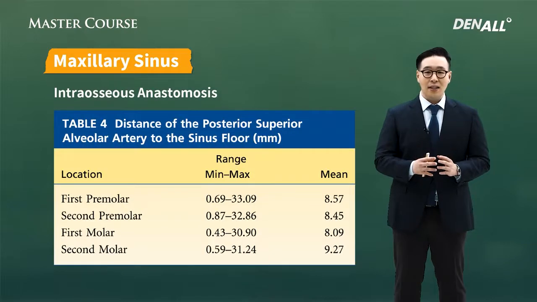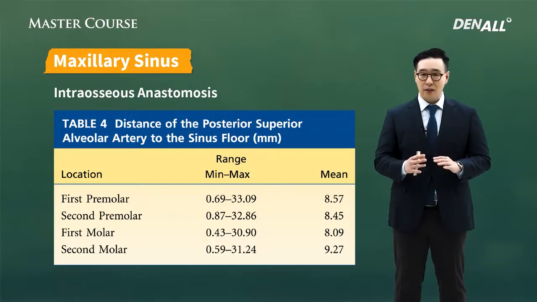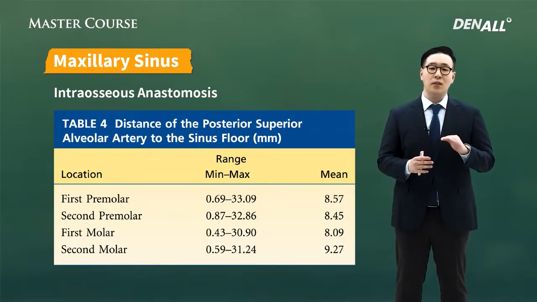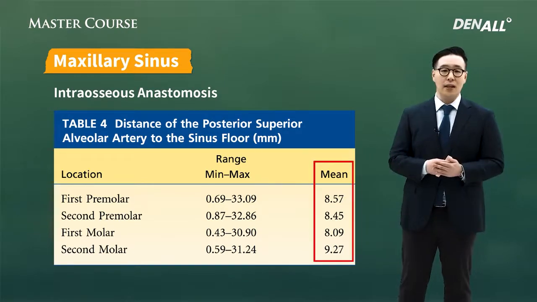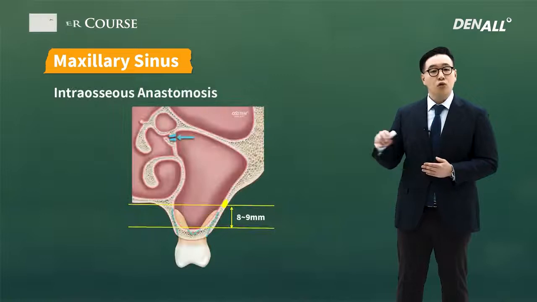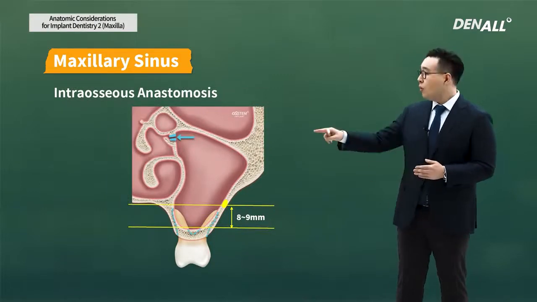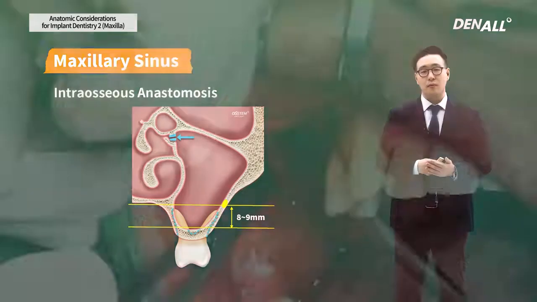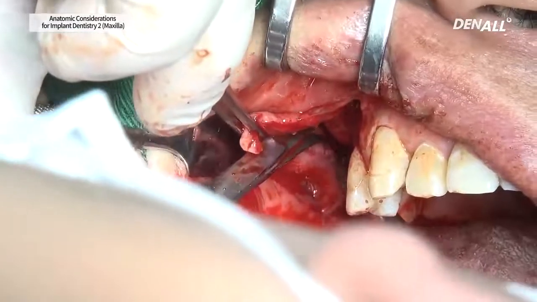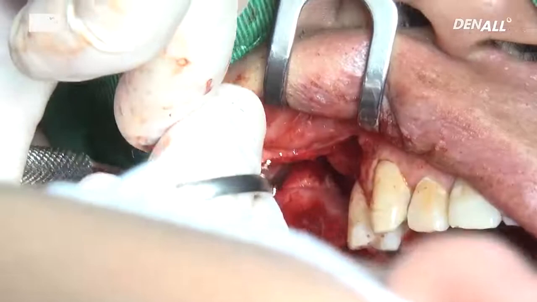So in the maxillary sinus, from the inferior wall to the intraosseous anastomosis, the distance was measured by this journal literature. As a reference, you could think that you can meet a blood vessel at about 9 millimeters. You need to be careful.